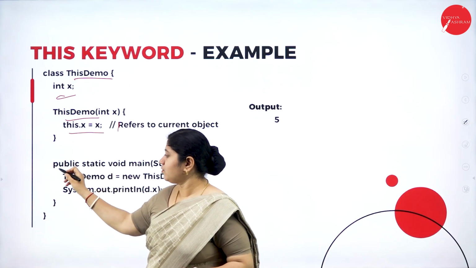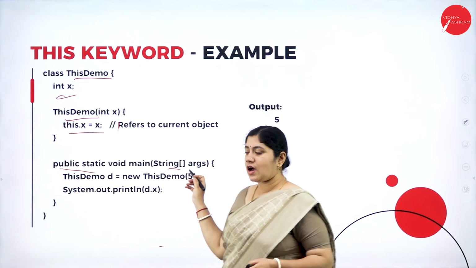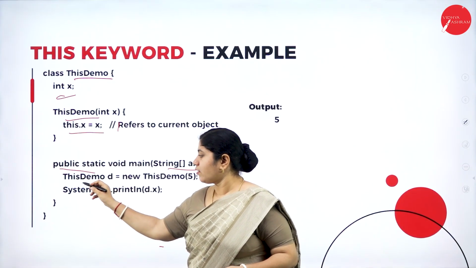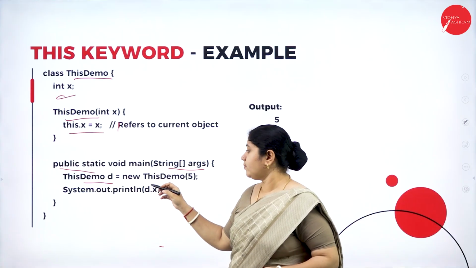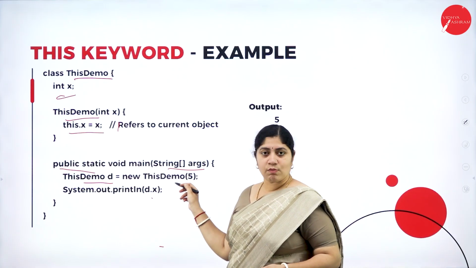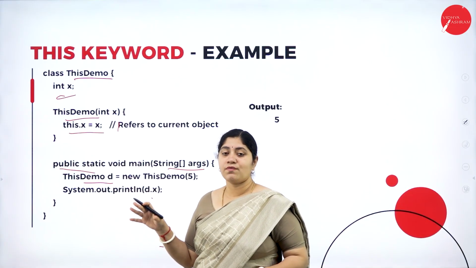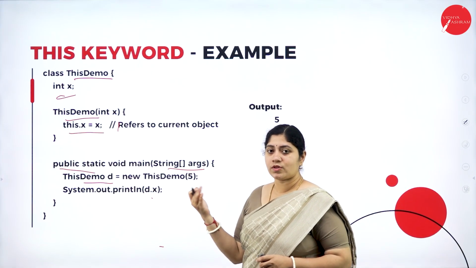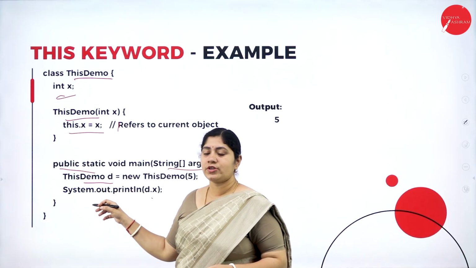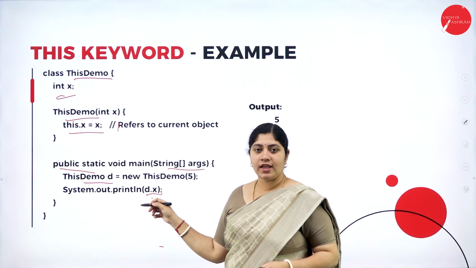We write public static void main, where we define the String argument. The next statement is ThisDemo d equals new ThisDemo of 5. Now I have to print the result, so I am writing System.out.println of d.x.